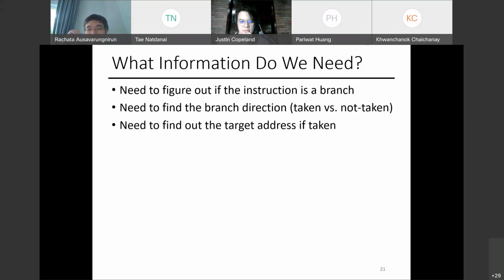Do I go to address A10? I need to know what address do I jump to. Where is the beginning of that else block? So with me so far, there are three things. Is that a branch? If that's a branch, do I jump or do I not jump? Taken versus not taken. If I take the branch, where do I take it to? Where's your destination, basically? Right? Any questions so far?